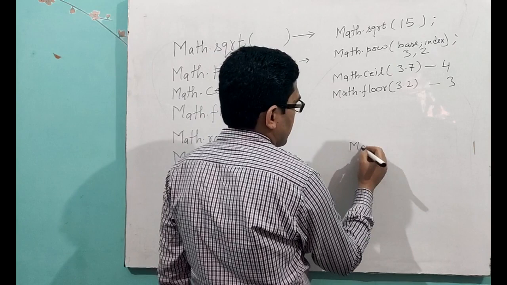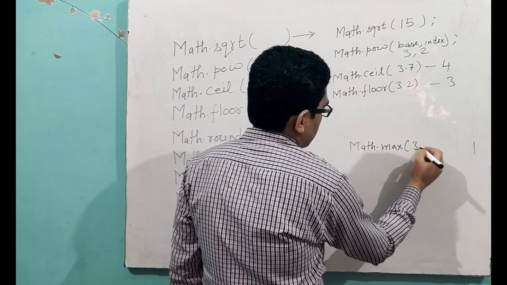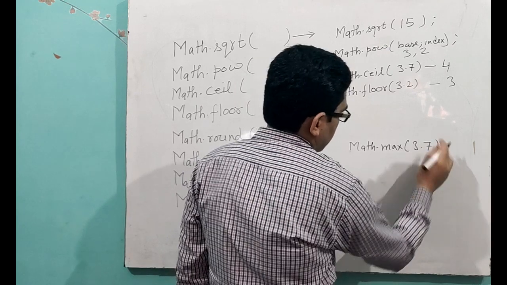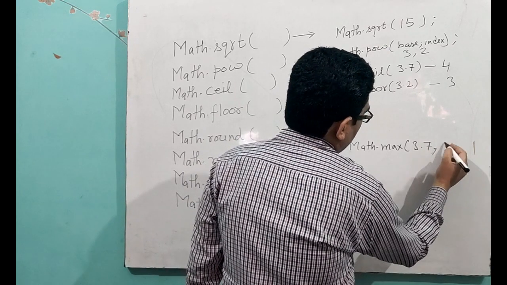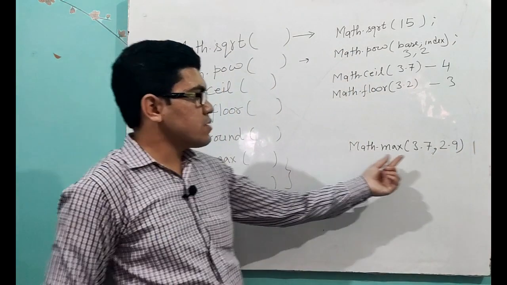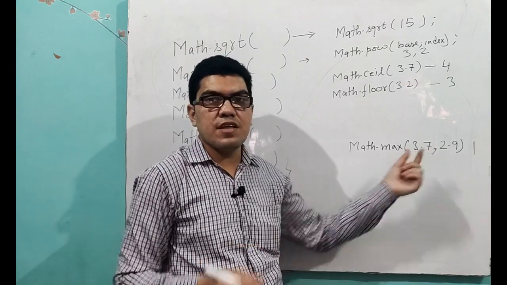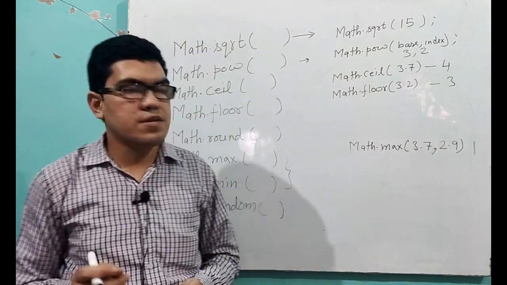So if you write Math.max(3.7, 2.9), which is maximum? 3.7. So the value that the function will return is 3.7.